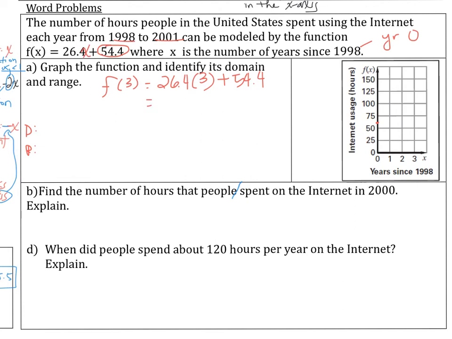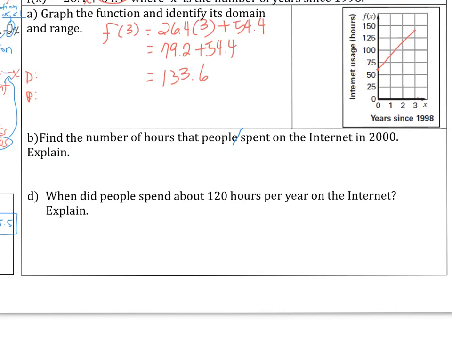And then we can go ahead and evaluate this. 79.2 plus 54.4 gives you 133.6. So when it's at 3, we have 133.6, so we can sort of round the point. And we can go ahead and connect the dots.